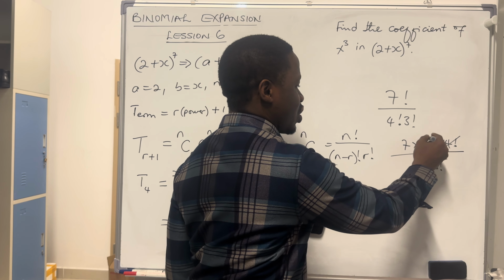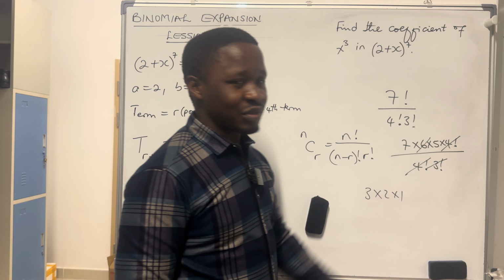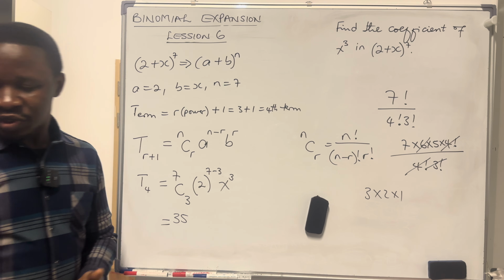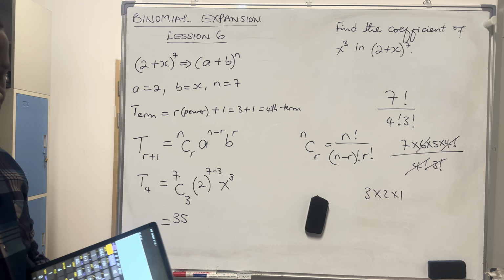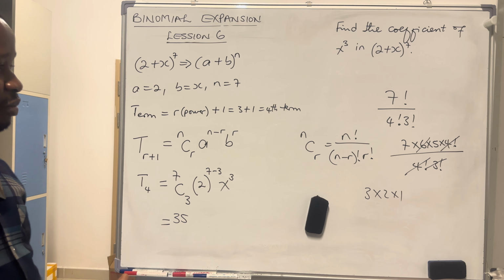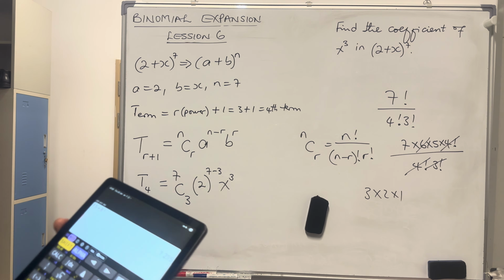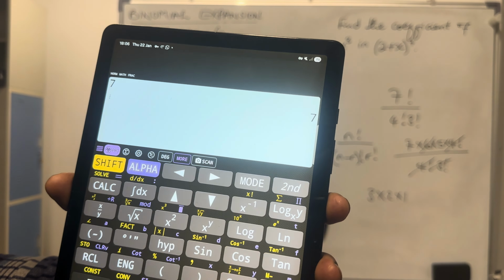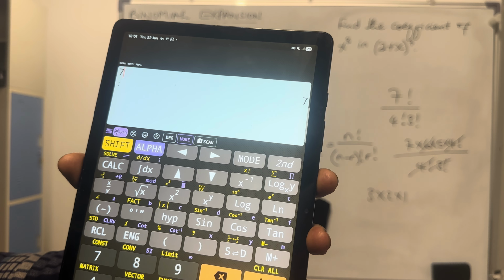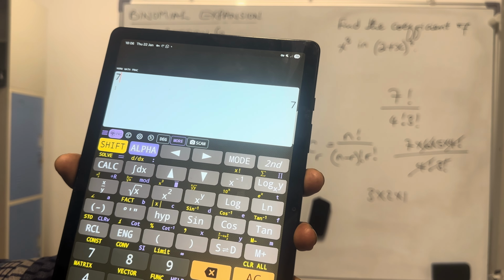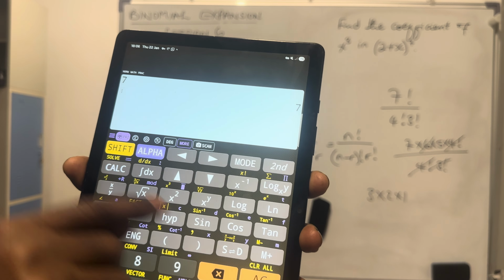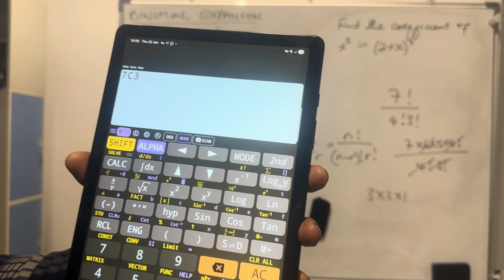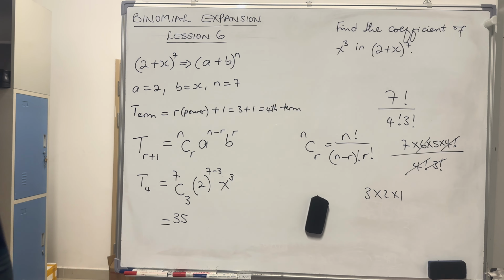So 7 times 5 is 35. All this you can do with your calculator and say 7 combination 3. On this calculator, look, nCr combination, nPr permutation. We need combination, but the color is yellow, so you press this. So 7 combination 3, what do you see? 35.